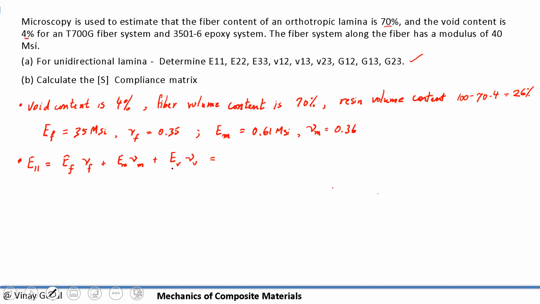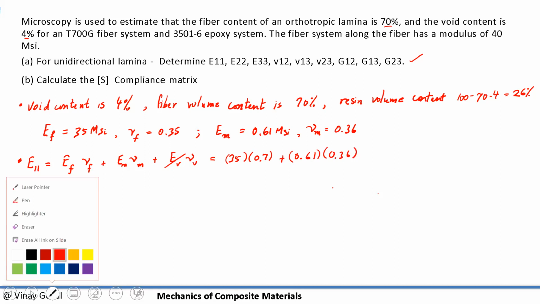The void has no modulus, so that goes to 0. But I get 35.7 plus EM, which is 0.61, times nu M, the volume fraction of the matrix.